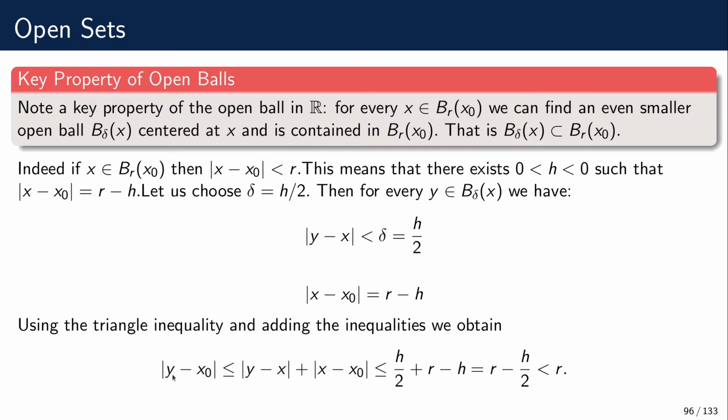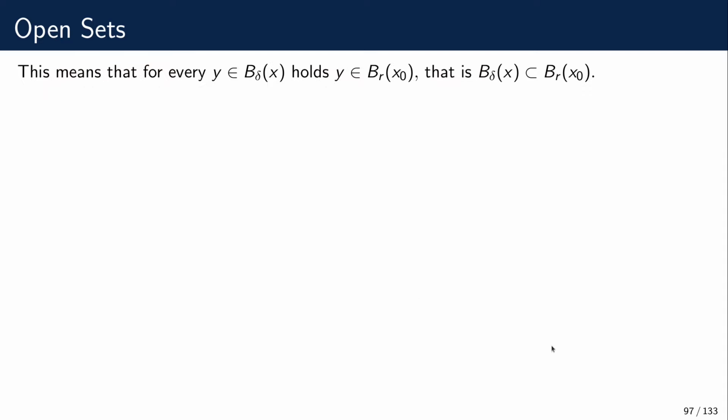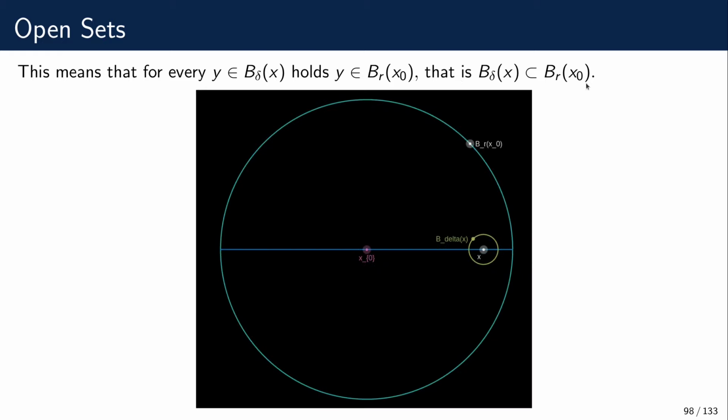So what we have proved is that for every point whose distance from x is smaller than delta, which is h half, its distance from x0 is still going to be smaller than r. And this means that this ball of radius delta around x, or an open interval with radius delta around x, is contained in this ball of radius r around x0.